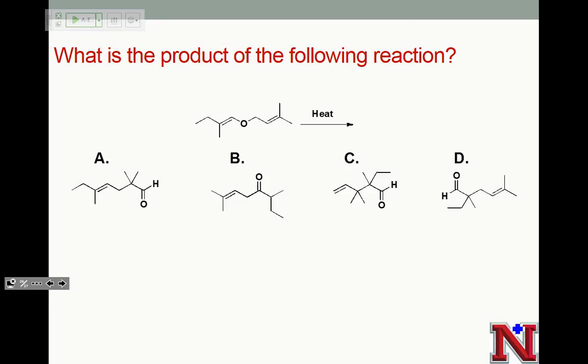Now this one is a little bit more complicated because of the way it's drawn. It's still a Claisen, but it's not drawn in the cyclic structure, which makes it a little bit harder to see.